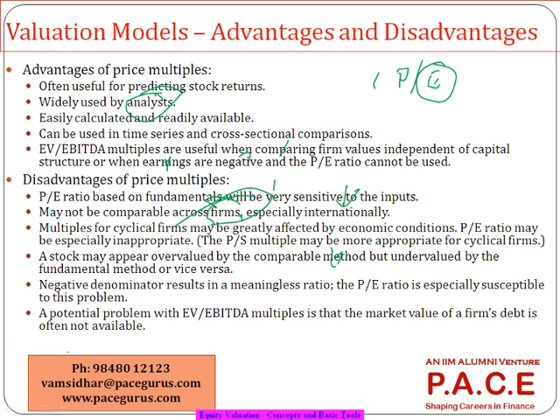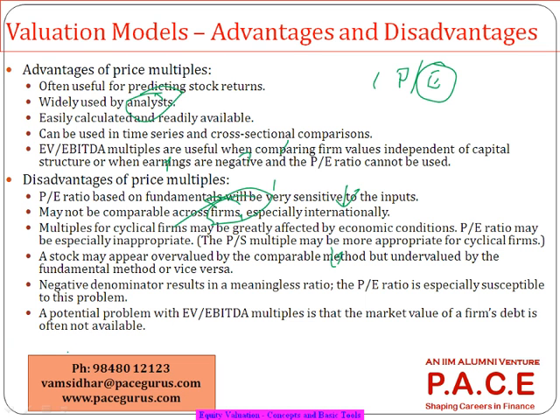You may see that comparisons across international firms on these P by E kind of bases can work only within an industry. I cannot even compare an IT company with a pharma company using this approach. Whereas if I am using a DCF model, there is no comparison at all.